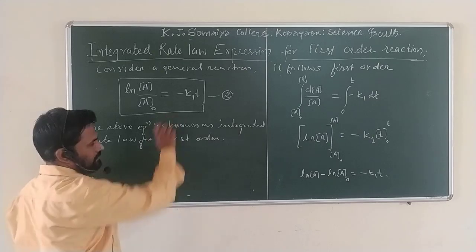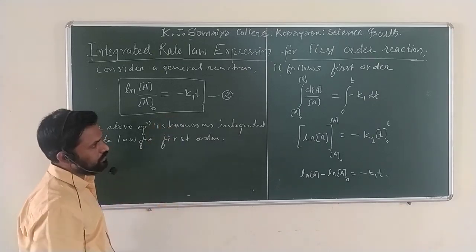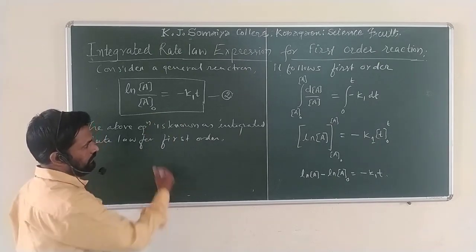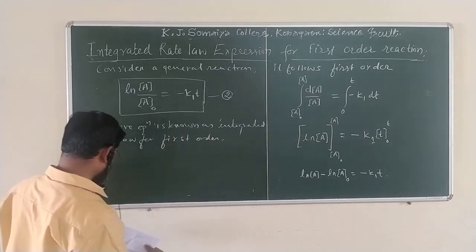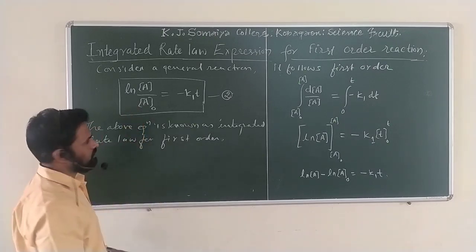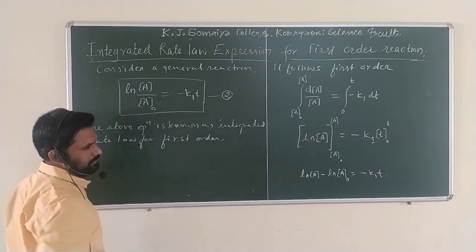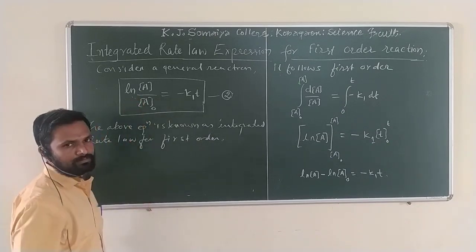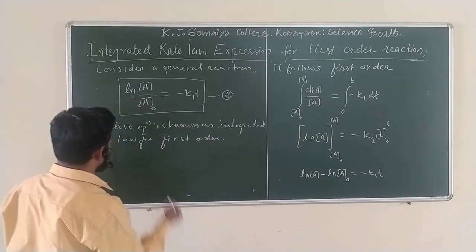Here we have to continue, because we have to find the rate constant K1. As we know, here ln is there, the natural logarithm, but we have to take the logarithm to base 10.